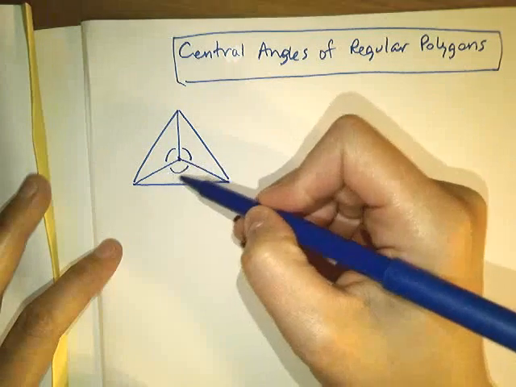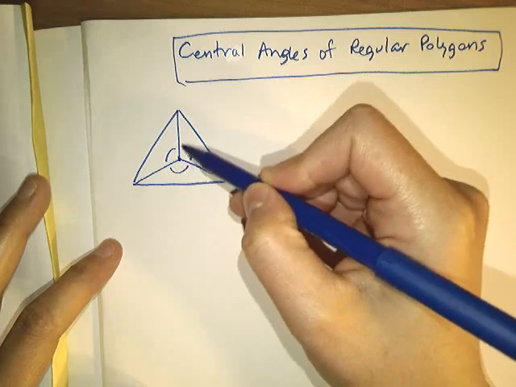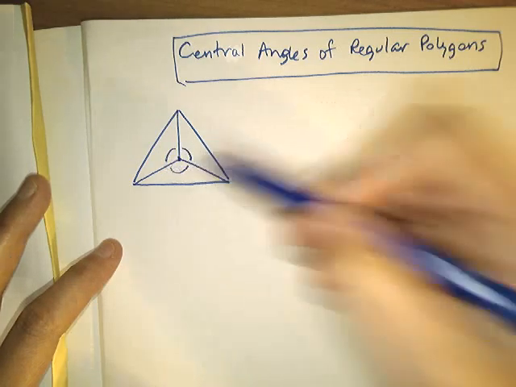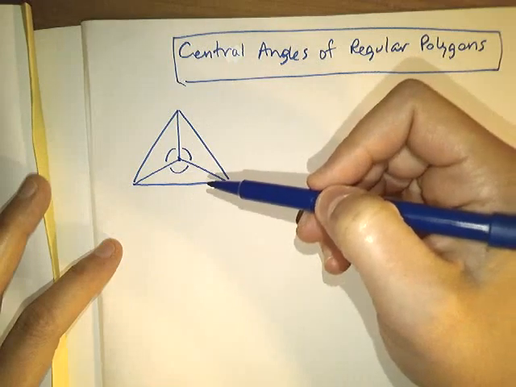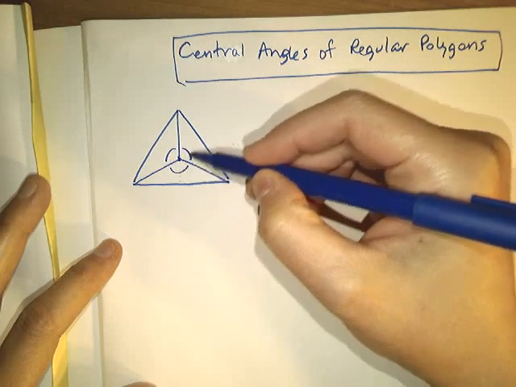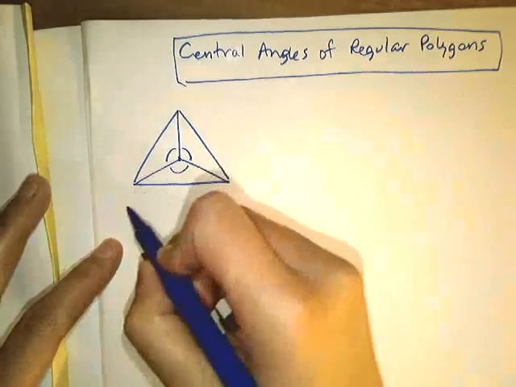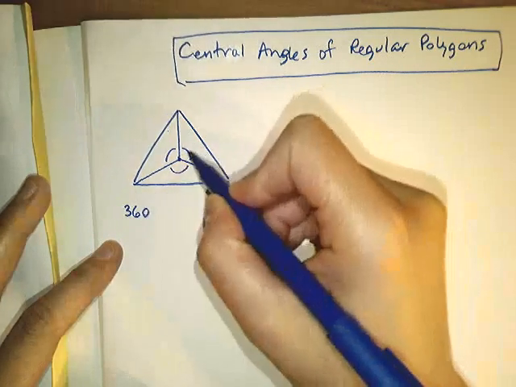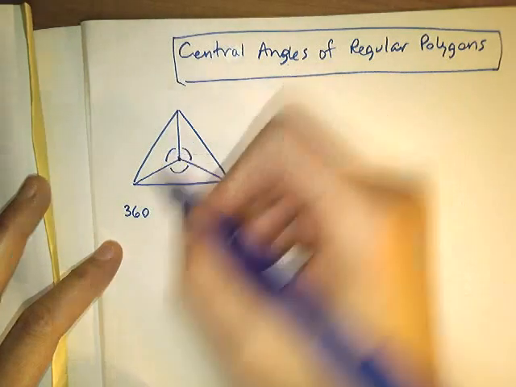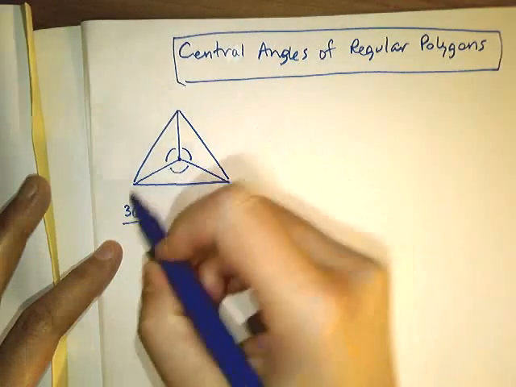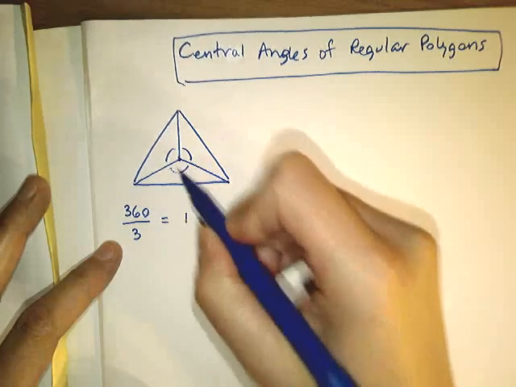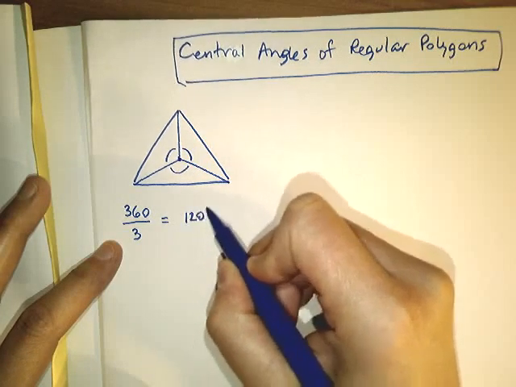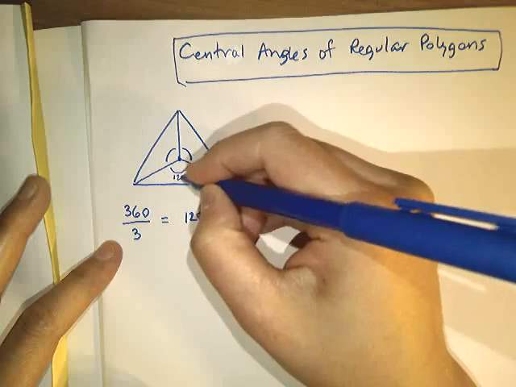Now, as you can see, if I add up all 3 of these angles, it'll give me a total of 360 because it gives me a full circle all the way around, right? And if each of them is equal to each other, then if I take 360, which is the full circle, and cut it into 3 equal pieces, to find the measure of just one, I can take 360 and divide it by 3. So each one of these central angles is 120 degrees.